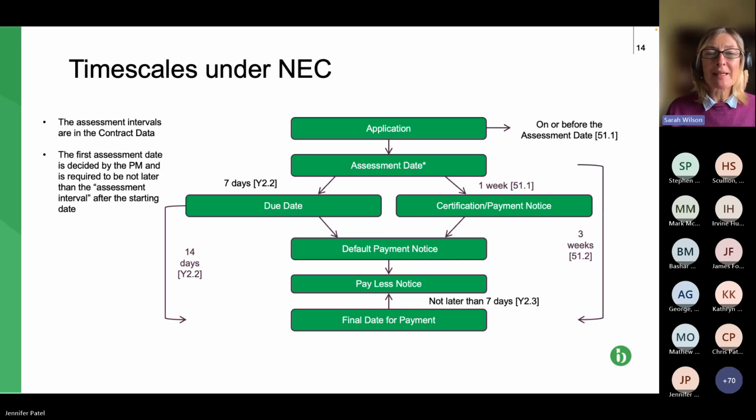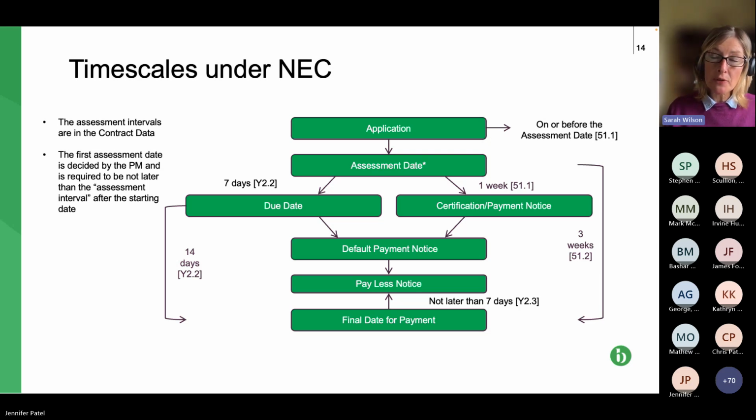So what the contract says is the project manager, once the work has started, so that was the 5th of June, has to notify the contractor, or the contractor notifies the subcontractor in a subcontract, what date the assessment date is within that first interval, so before the 5th of July, which is the start of the next interval.